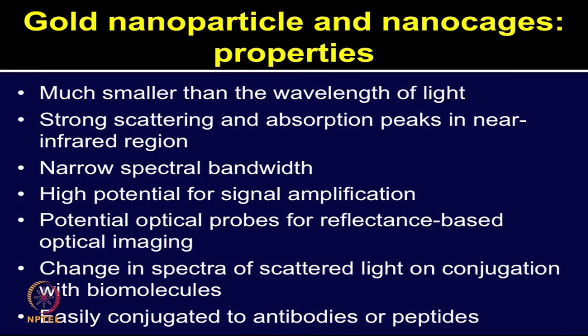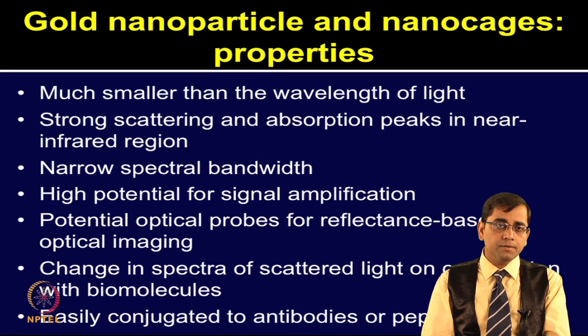Let us now discuss some of the properties of gold nanoparticles and nanocages. These are much smaller than the wavelength of light. They offer strong scattering and absorption peaks in the near infrared region. They have very narrow spectral bandwidth. They have high potential for signal amplification, and they can act as optical probes for reflectance based optical imaging.